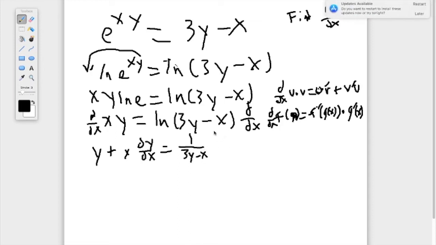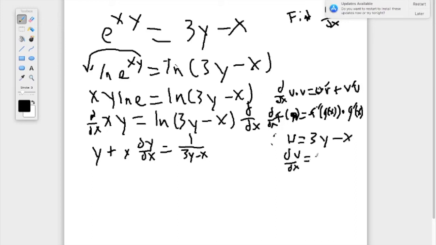Another way to do it is to substitute 3y minus x to be u. Say you have u equal to 3y minus x, and then find du over dx.